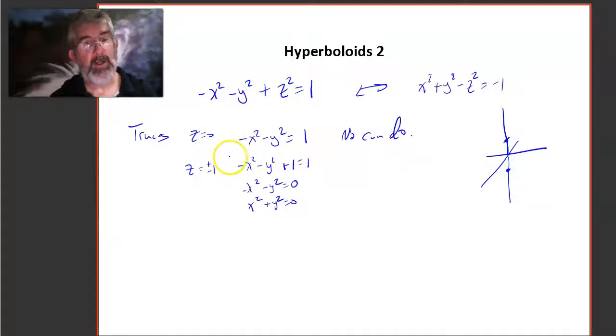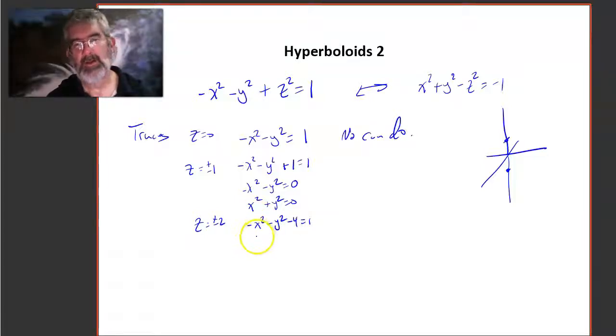Plug in something bigger than 1, say z equals plus or minus 2, then I've got minus x squared minus y squared plus 4 equals 1, right? Because that's plus right there.